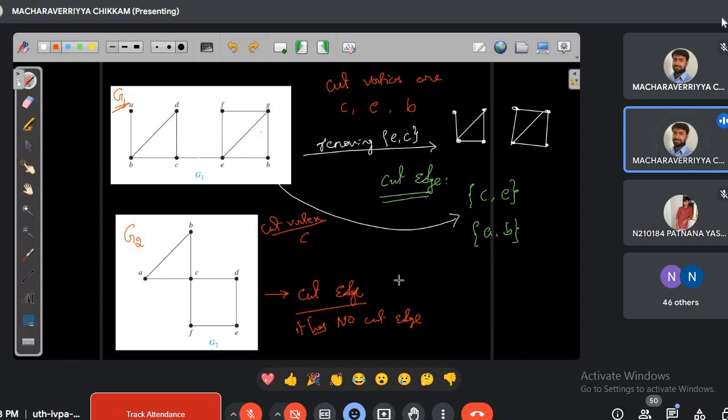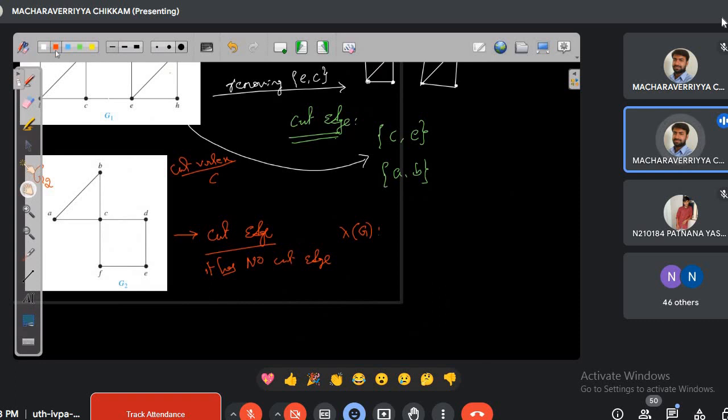So the edge connectivity we denote with the notation lambda G. Lambda G represents the minimum number of edges to be removed to obtain a disconnected graph.